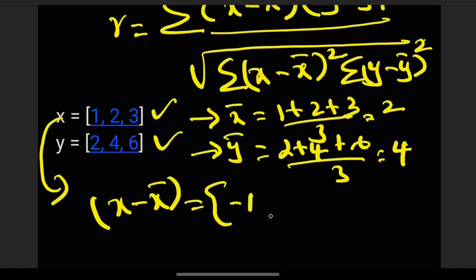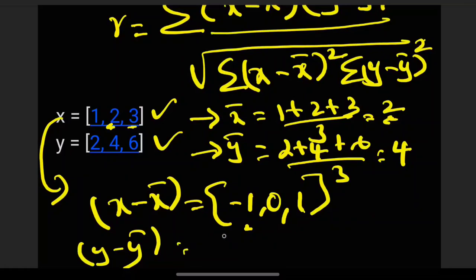You will get minus 1, 0, 1: 1 minus 2, 2 minus 2 is 0, 3 minus 2 is 1. In the same way, for y minus y bar, the array will be 2 minus 4, 4 minus 4 is 0, 6 minus 4.